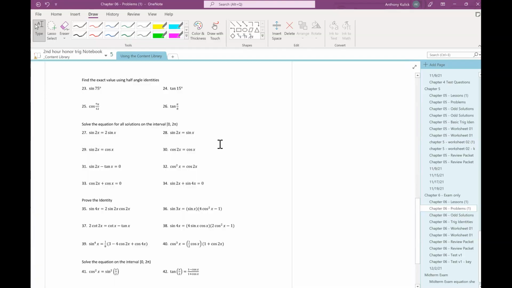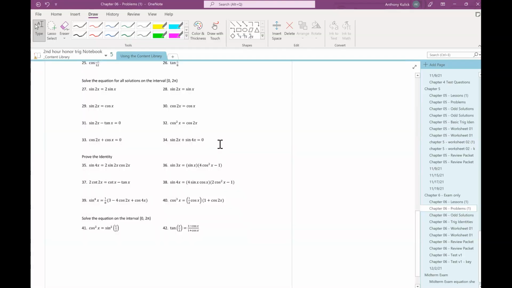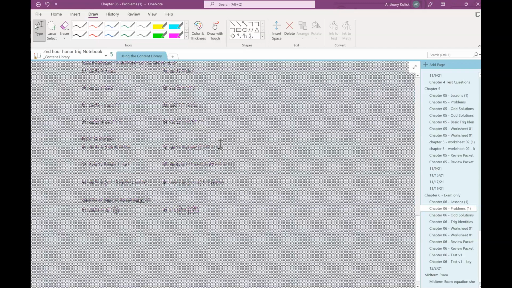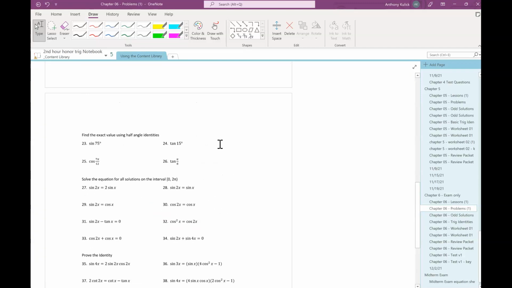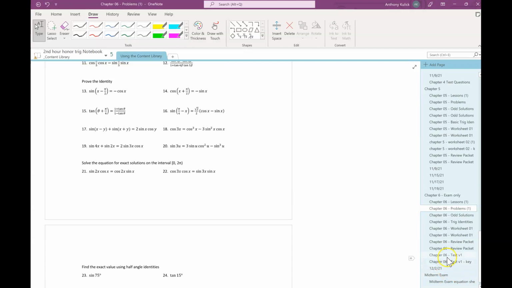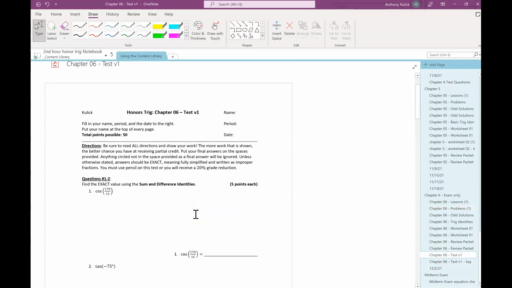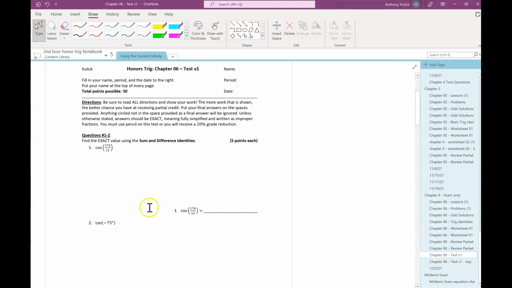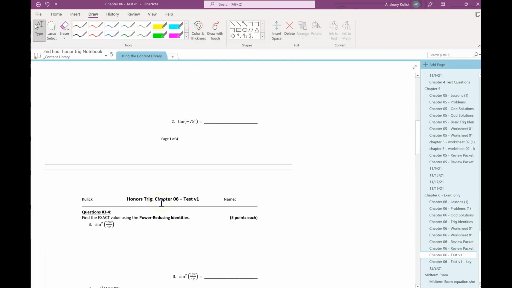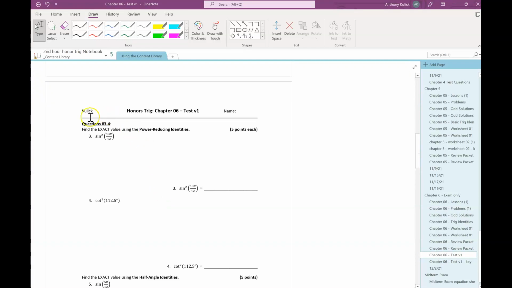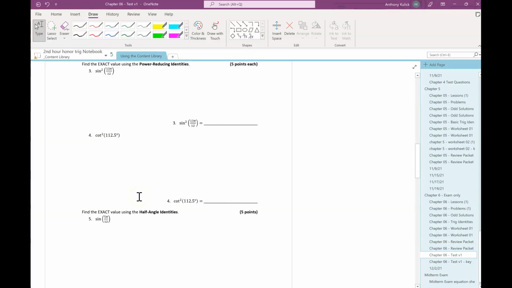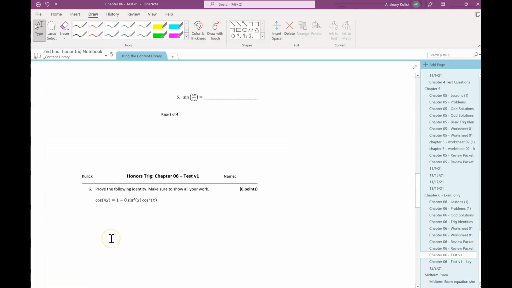And then the rest of these things, I think, are pieces that we have to deal with a little bit later. If you're just worrying about working on the Chapter 6 test, which is fair, you could certainly do questions 1 and 2 at this point. We're not ready to do 3 and 4 or 5.